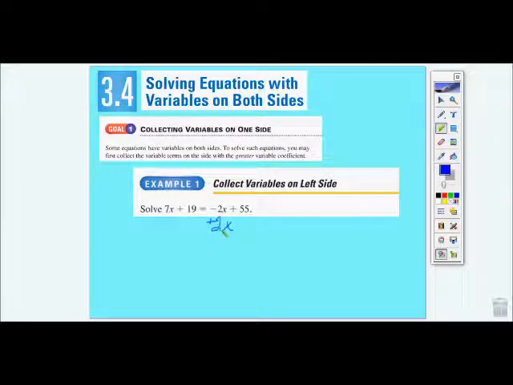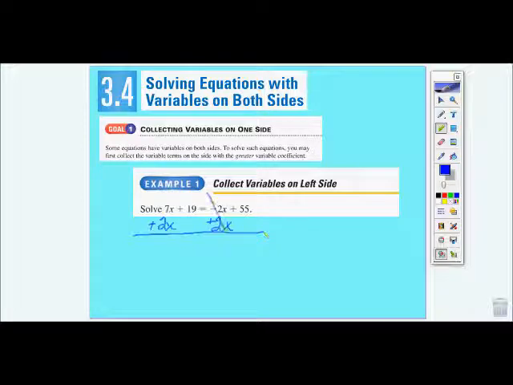So I want to get the negative 2x off of the one side. So I'm going to add 2x to both sides. Now, in doing so, another thing that's very important is to keep that equality sign. It will keep things in order for you, and it's very important to stay neat and exact in your work in these kinds of problems.